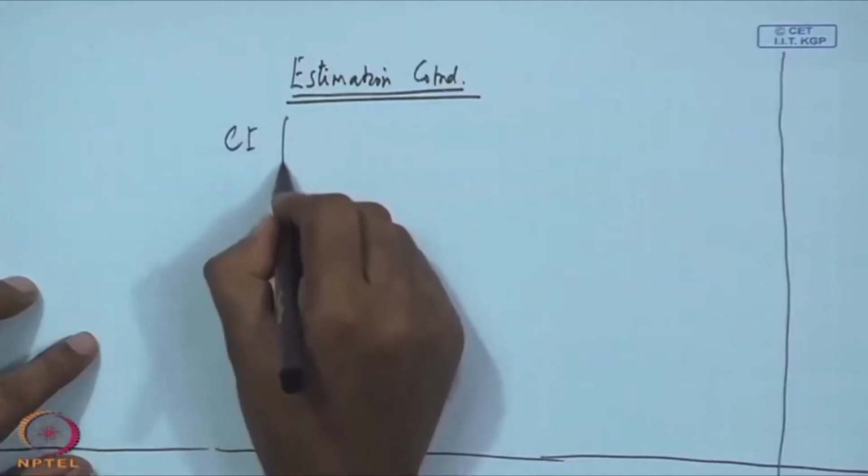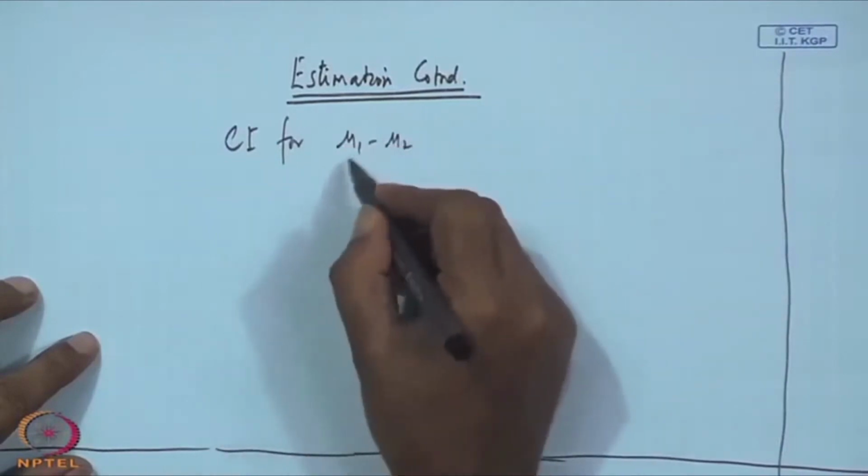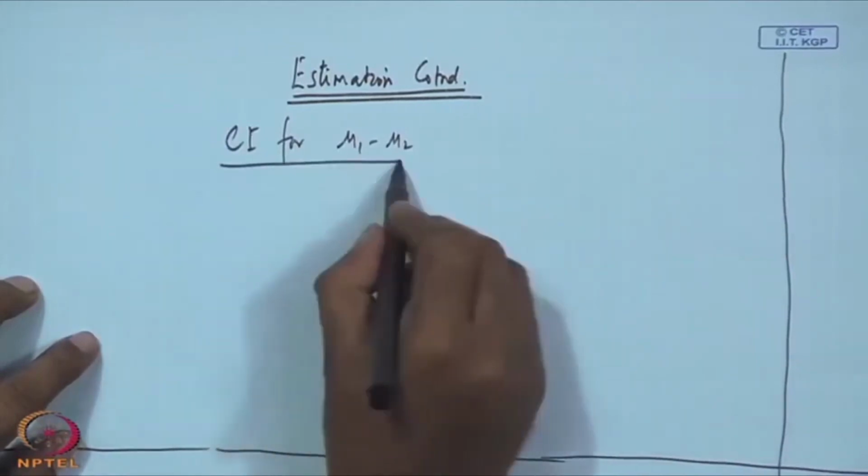Last class we saw the confidence interval for mu1 minus mu2, where mu1 is the mean for population 1 and mu2 is the mean for population 2.